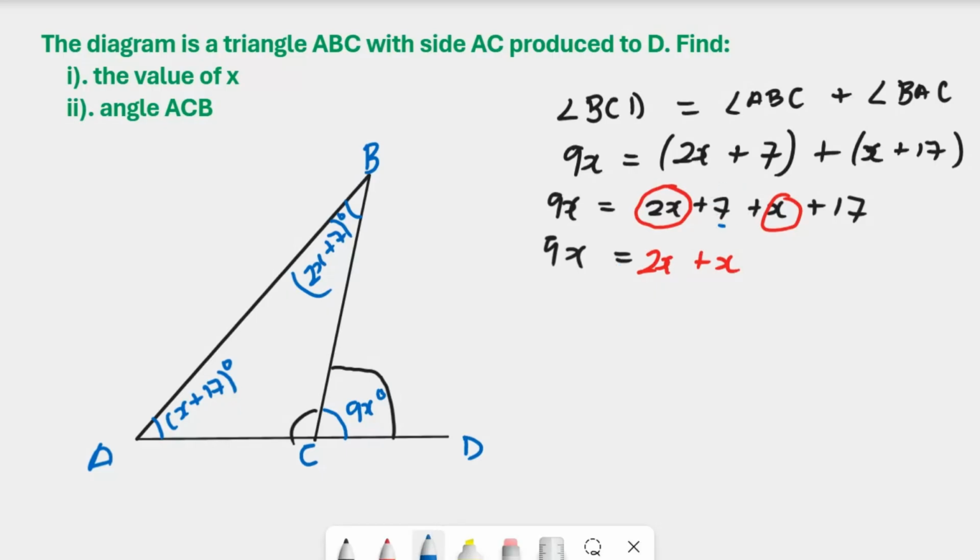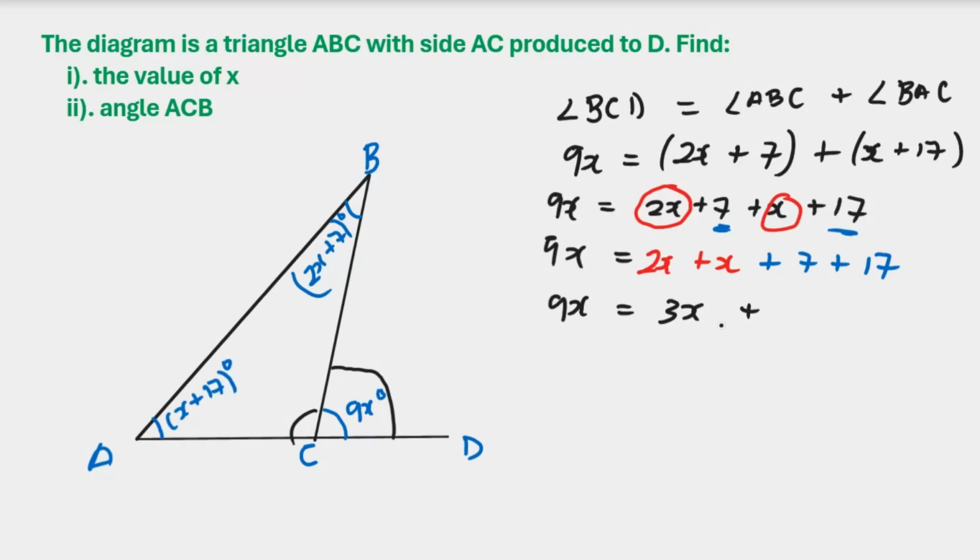These are also like terms. So that's going to be 7 plus 17. So we have 9x equal to 2x plus x is going to be 3x. 7 plus 17 now give me 24.